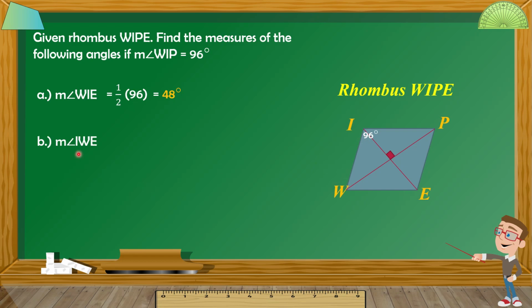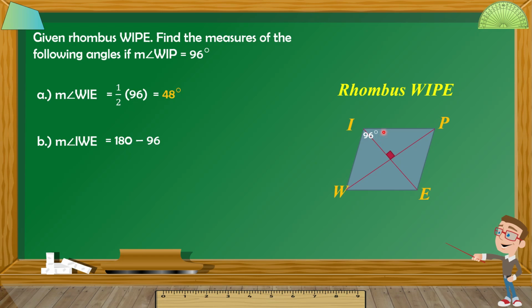And B, measure angle IWE. So, ang tinitignan natin dito is itong angle W, buong angle na yan. Okay? So, gagawin natin dito is 180 minus 96. Paano natin nakuha yung 180 minus 96? Kasi by property of parallelogram, yung adjacent angles niya ay supplementary.